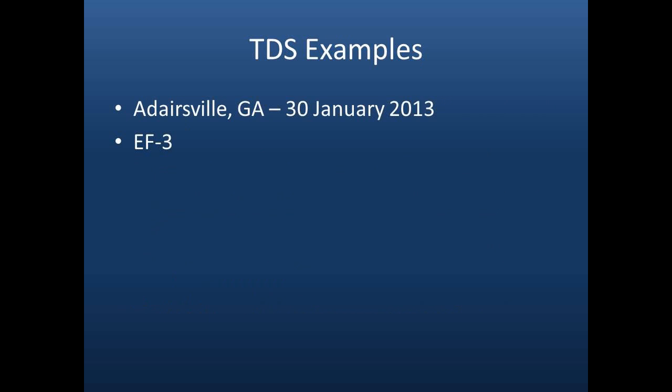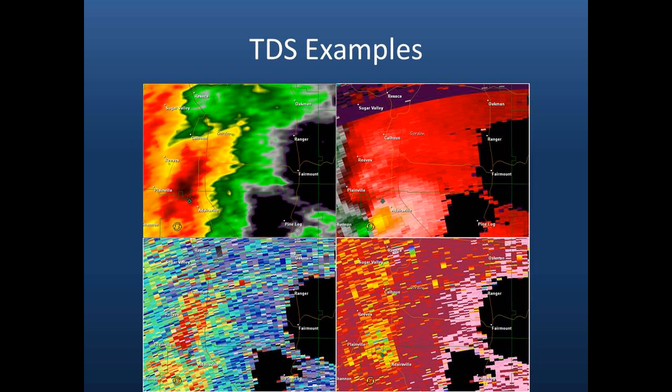So, first example, this one is probably one for anybody who sits at home and watches radar just because it's interesting when we have these southeast U.S. outbreaks in the spring. Adairsville, Georgia, back on January 30th, an EF3. We're going to step through the radar plot here as we look at it. Moving into this area now, we've got a very strong couplet on radar.